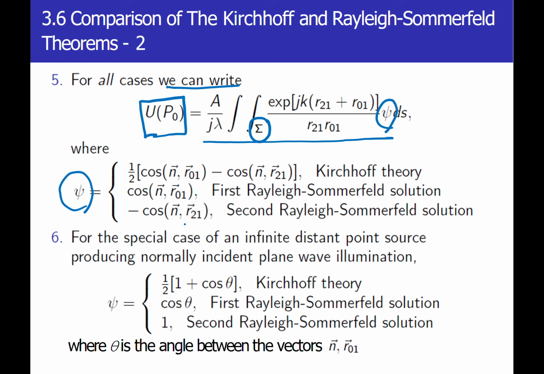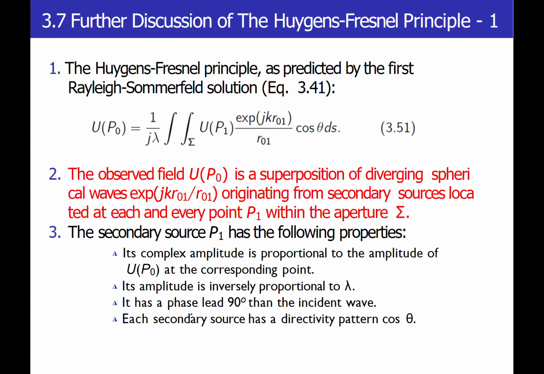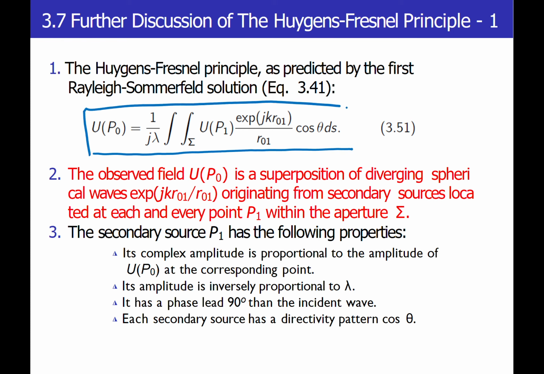For the special cases of an infinite distant point source, we have these three cases. So in general, this is the most general Rayleigh-Sommerfeld solution, and the Huygens-Fresnel principle is the physically very important one.